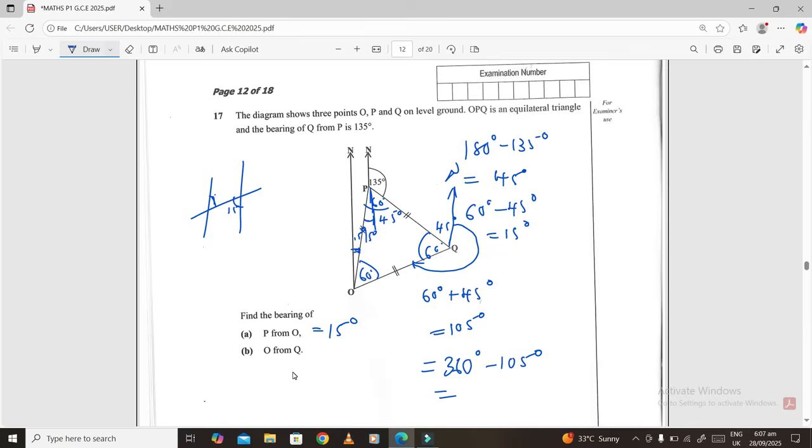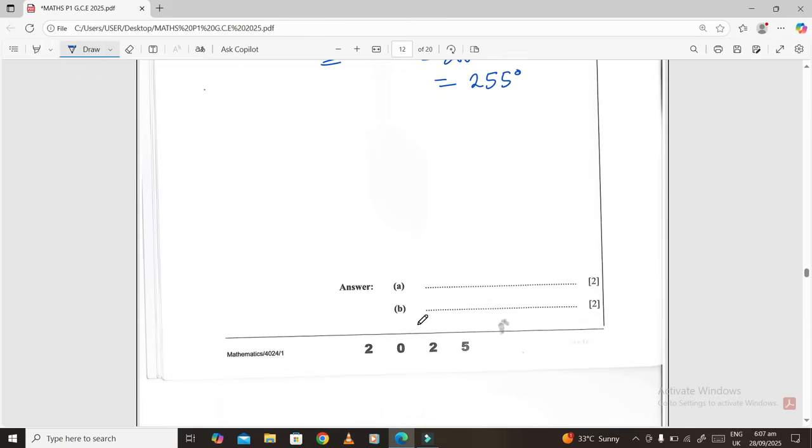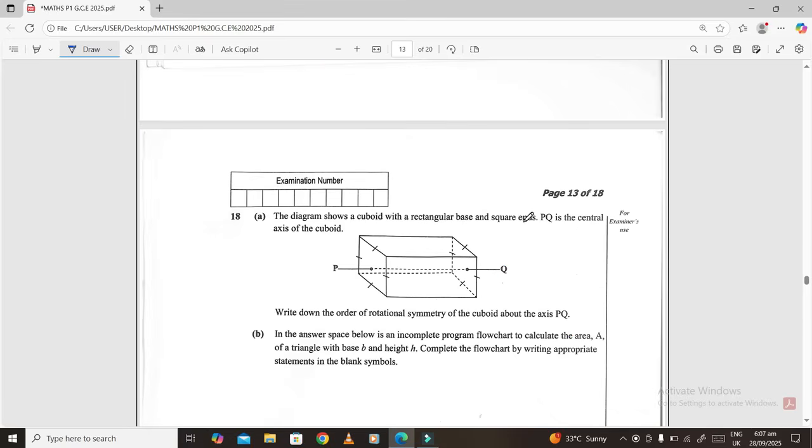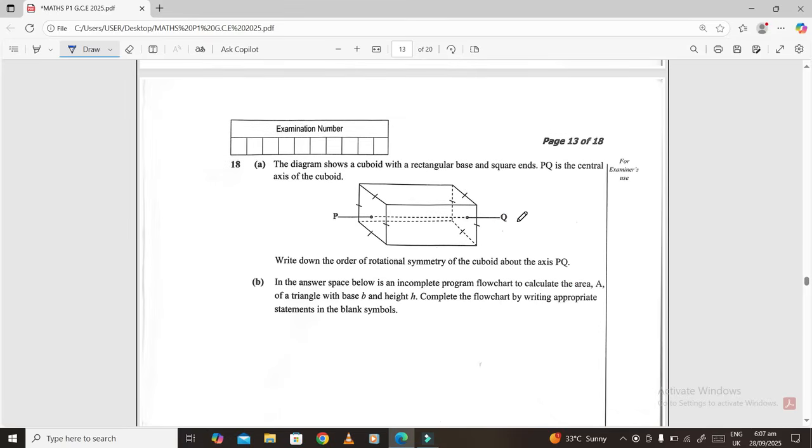This is giving us 255 degrees. So actually this is a bearing. We're supposed to write it in 3 figures, like 015 degrees. So that's it. This is our answer for question B, I mean on bearing, question 17. So we've got this here, 255 degrees.